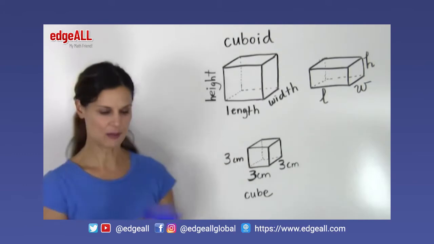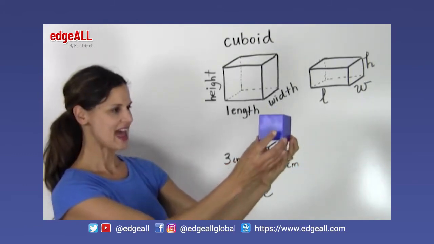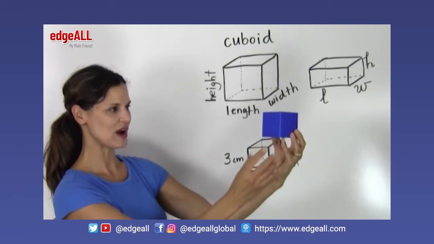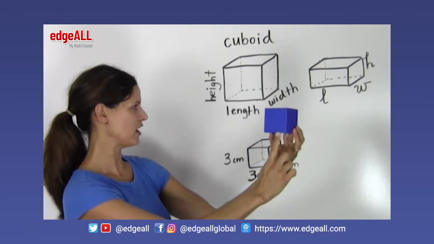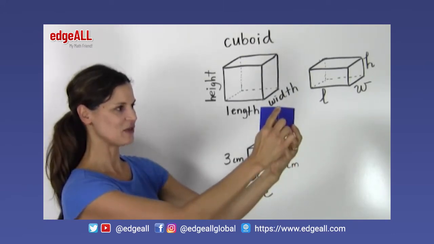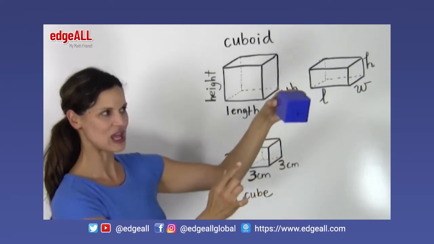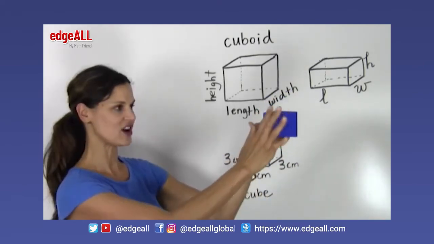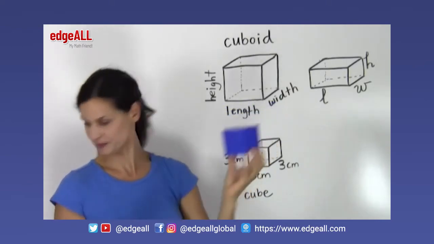I have an example of a cube here in three-dimensional form, and this would be similar where we have the same distance or the same length for the length and for the height and for the width of my cube. All three of these are the same length, making this cuboid a cube.